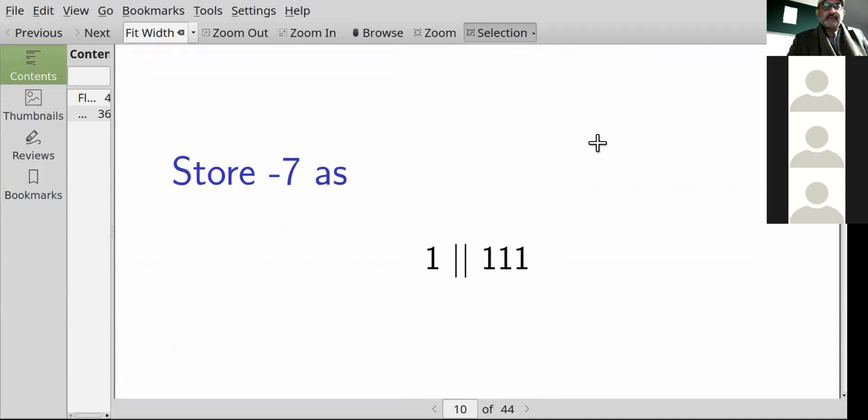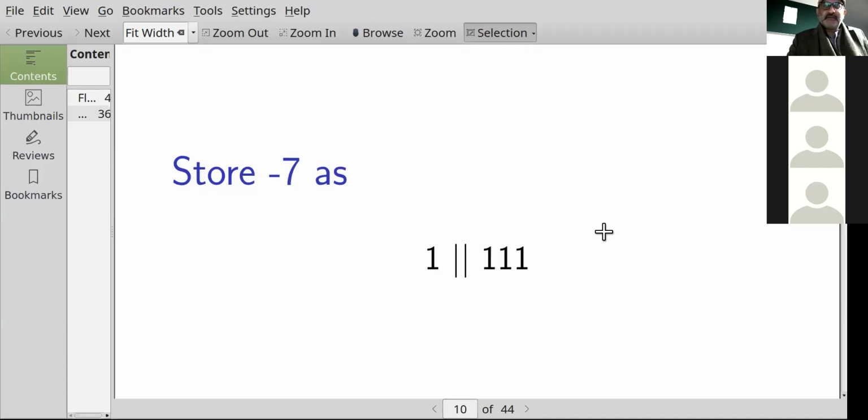All right, so minus 7. I remember 7 was 1, 1, 1, and I'm just going to put some symbol in between. This leading bit is the sign bit. 1 means I have a negative. I'll put some symbol in between the bits that store the magnitude of the number and the sign bit, which stores the sign of the number.